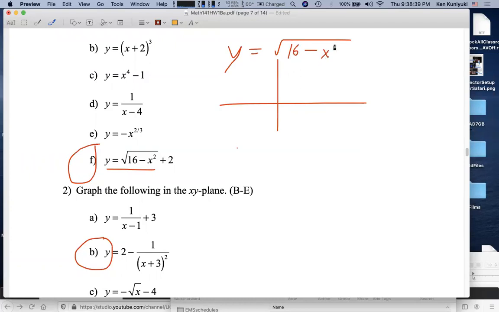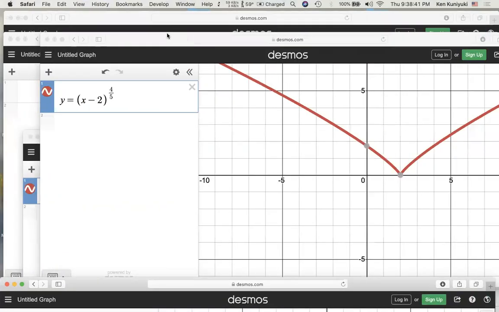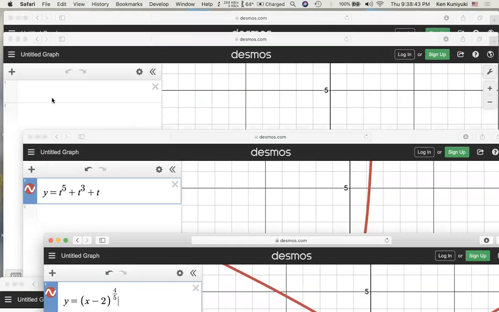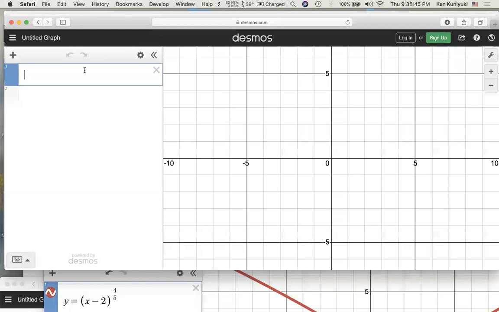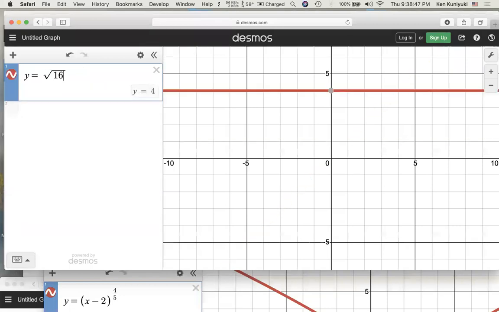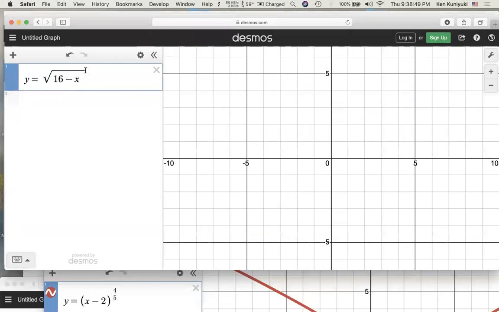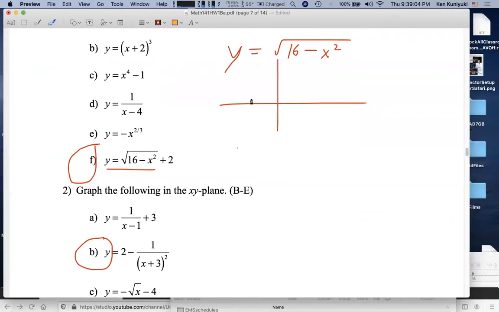Well, let's ask Desmos. Look at that. That is a basic graph. It's an upper semicircle. Before, we spent more time on root 9 minus x squared. This is root 16 minus x squared. The radius of the overall circle is 4.